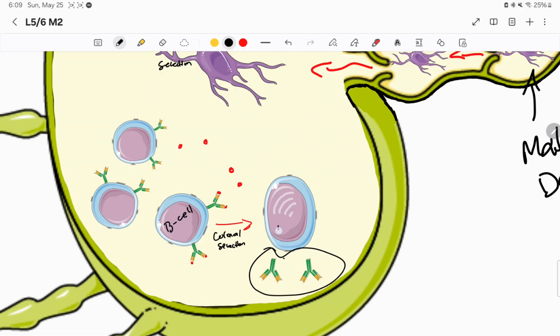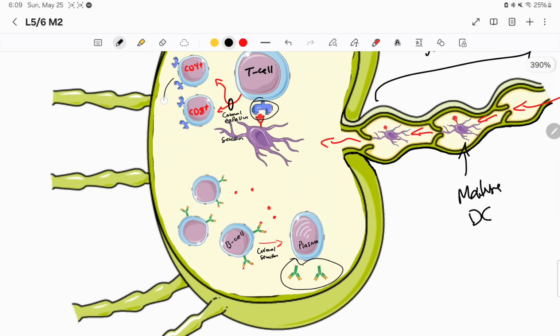He will turn into a plasma cell, after, of course, the CD4 positive gave the say-so, and he will start secreting antibodies. Now, keep in mind, these antibodies have the exact same specificity for that antigen as this original receptor. That's really important to understand.